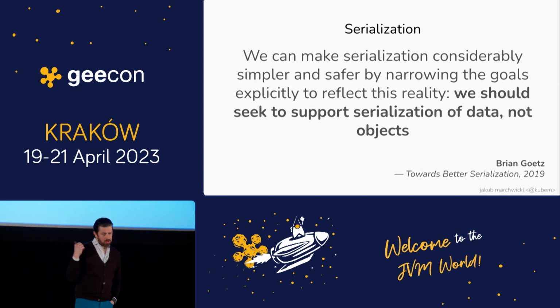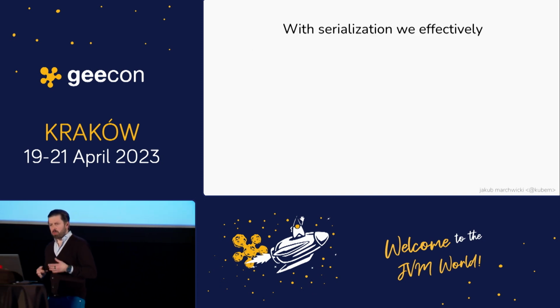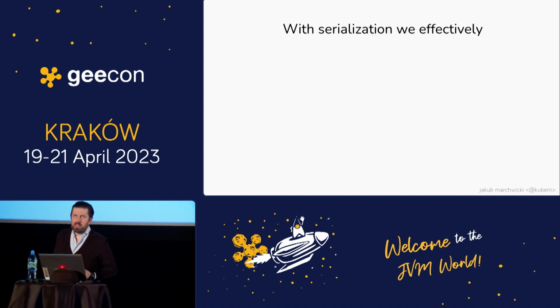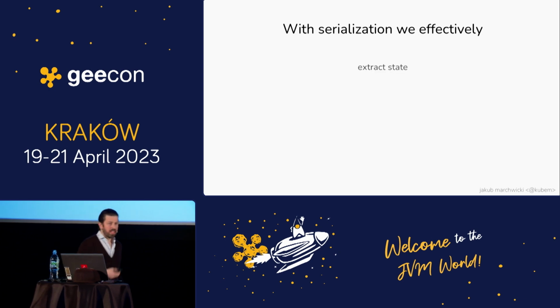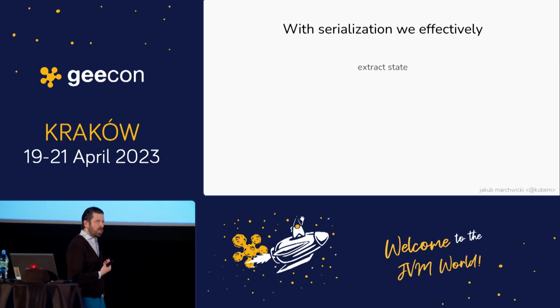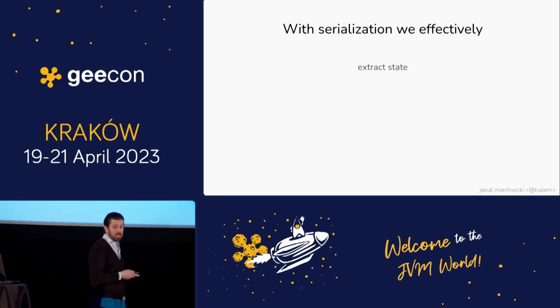And if you've been to a talk yesterday about, if I recall correctly, data-oriented programming, that's a part of this effort. So what we want in our serialization effort is to extract the state of the object, just the data.